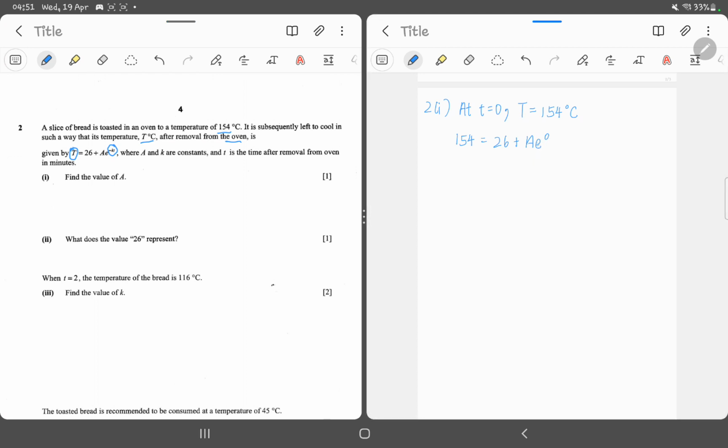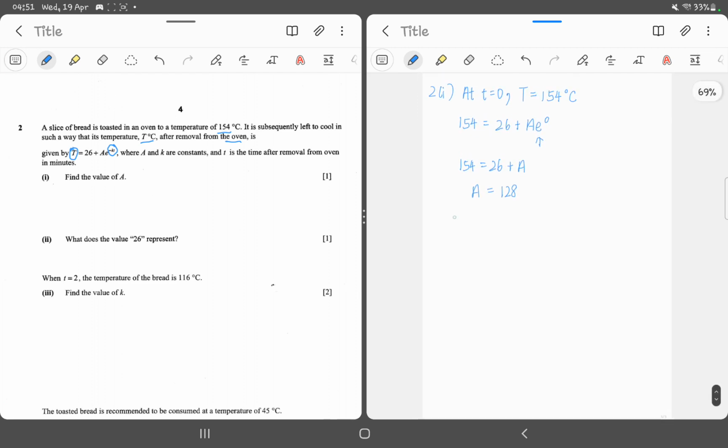We know that e to the power of 0 is 1, so 154 equals 26 plus A, and therefore A equals 128. So that is the value of A.